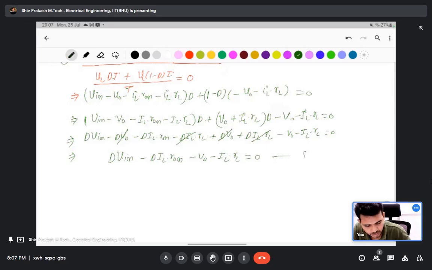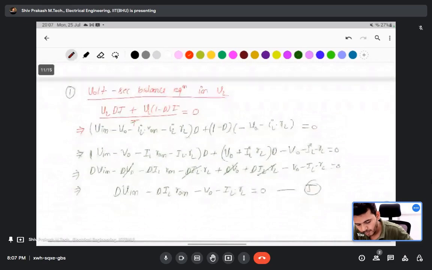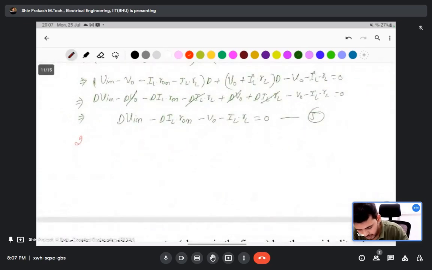Question number 5, the second one: the current-second balance equation.